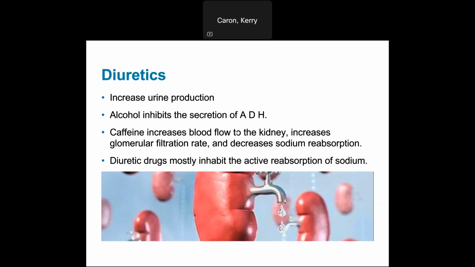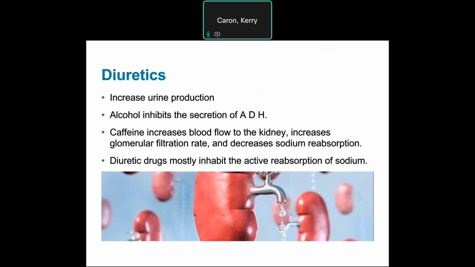Diuretics make us increase urine production. Alcohol inhibits the secretion of antidiuretic hormones. So what happens is it acts as a diuretic. It makes you pee off too much fluid, and that's how you can get dehydrated.